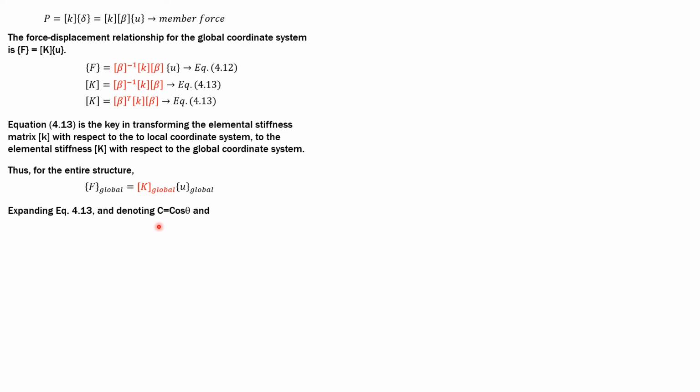So expanding equation 4.13 and denoting C for cosine theta and S for sine theta to make the beta transformation matrix compact. So K global is equal to EA over L for the coefficient for K here. Then this is the beta transpose.